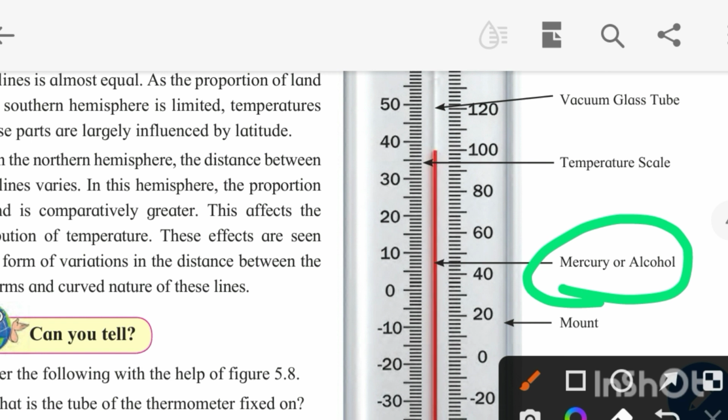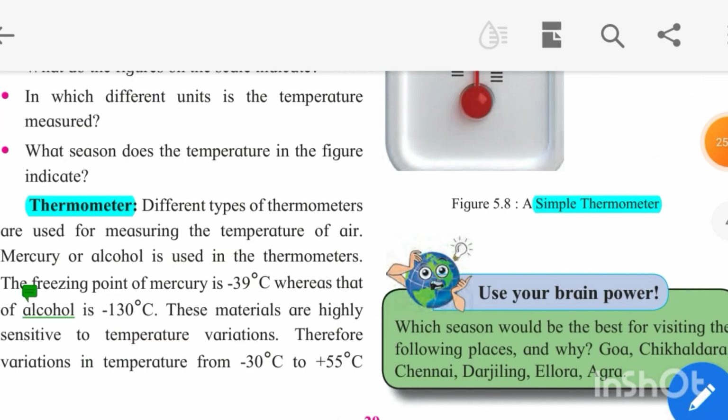The freezing point of mercury is minus 39 degrees Celsius, whereas that of alcohol is minus 130 degrees Celsius. So you must have seen in movies that whenever the shopkeeper opens the fridge and takes the alcohol out, the alcohol is not frozen, because it gets frozen at minus 130 degrees Celsius.